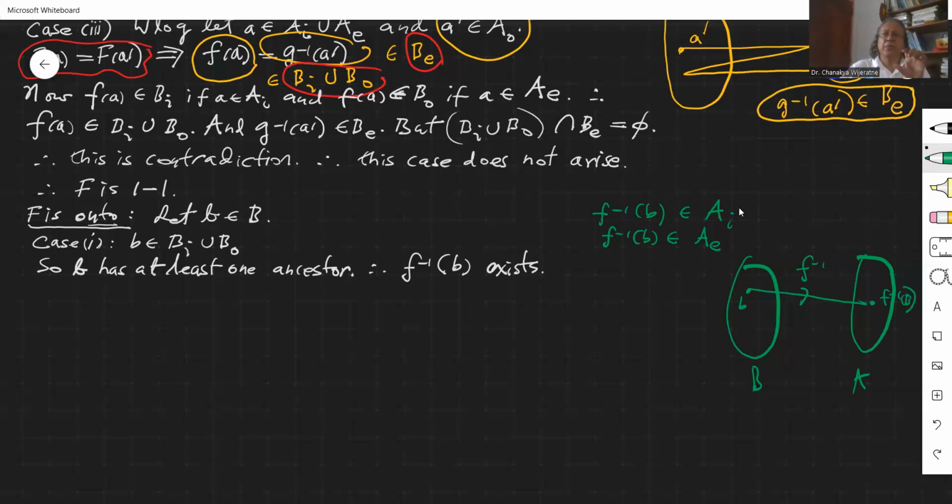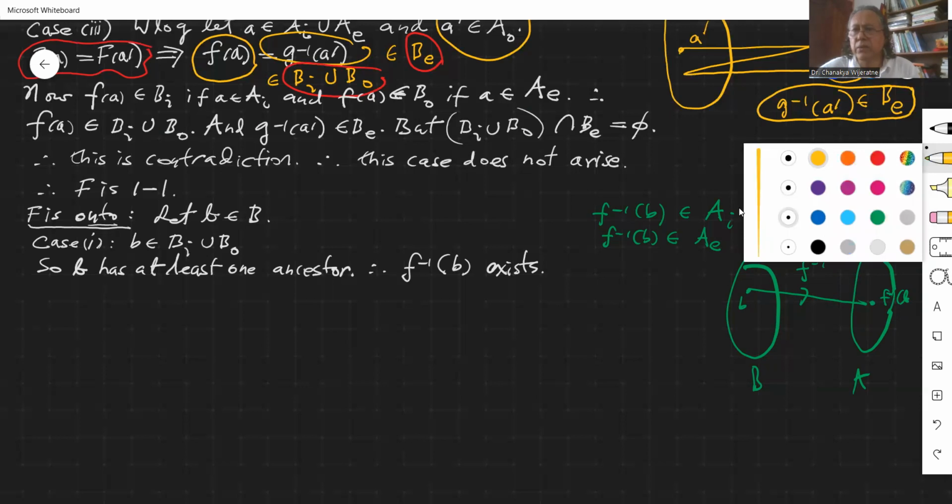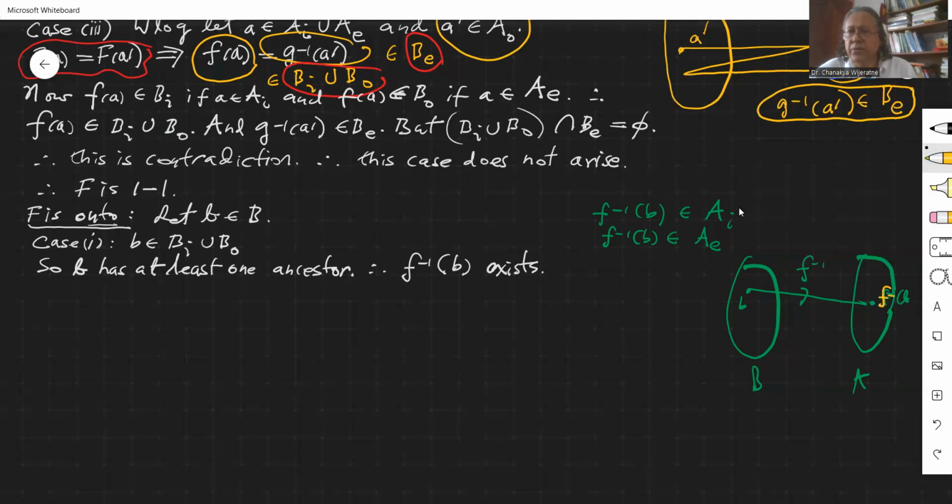So if b has an odd number of ancestors, then F inverse of b has one less, so then it has to be in AE.